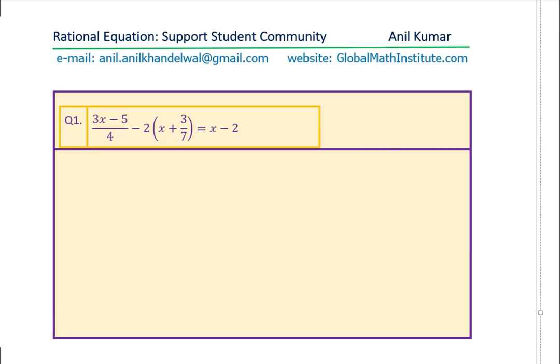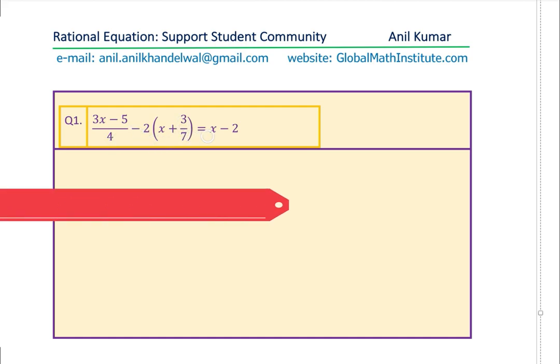So let's take the first part of it, which is (3x minus 5) divided by 4 minus 2 times (x plus 3 over 7) equals x minus 2. So the concept here is to use a common denominator, right?